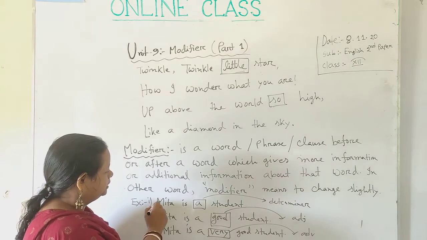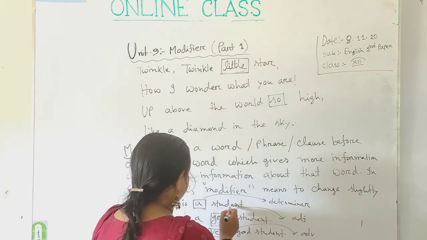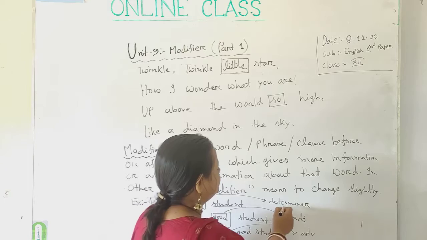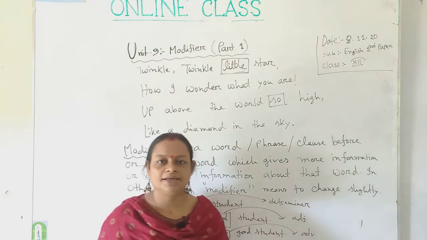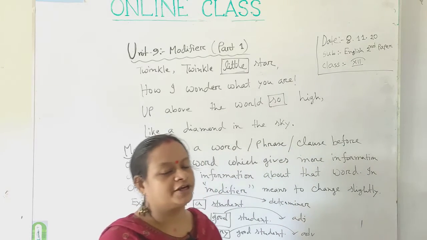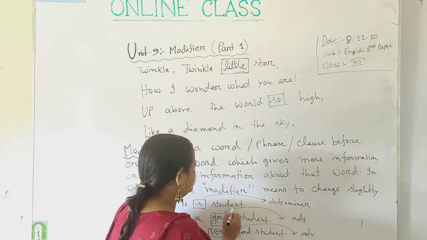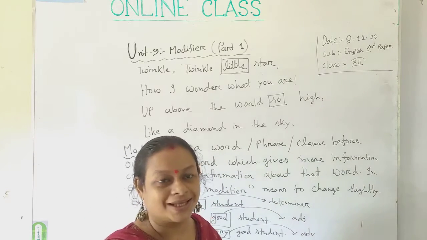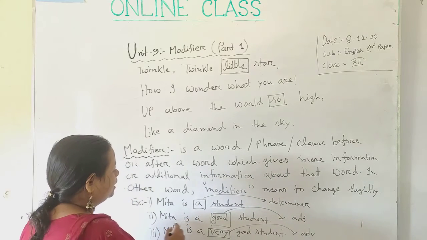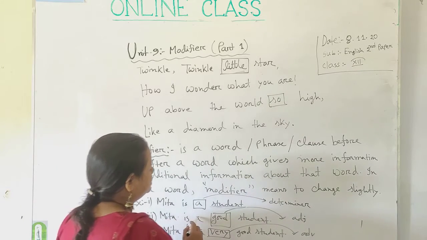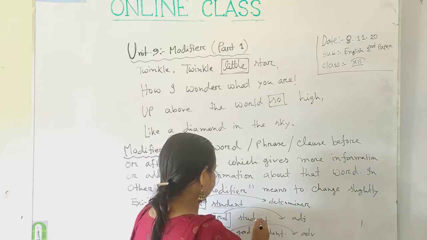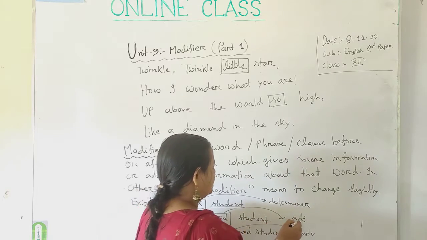For example, Mita is a student. Here A is a determiner and it is also a modifier because it denotes the number of the student. How many student? One student or a student. The second example, Mita is a good student. Here good is an adjective.